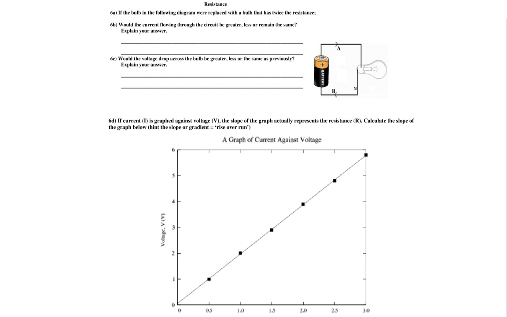Well, resistance is a property. It's how much a material or a component opposes the flow of electrons. So if we add a bulb that has twice the resistance, it will oppose the flow of electrons twice as much.